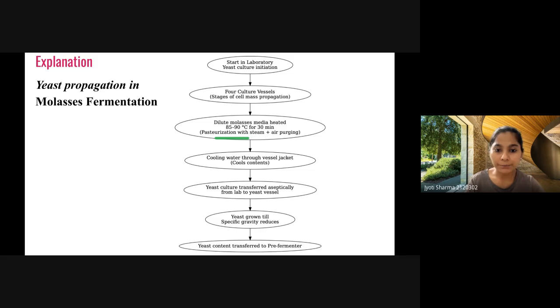So after this pasteurization, we have to cool it down because we are boiling it, kind of. Then we have to transfer this yeast culture to the yeast vessel. Then this yeast will grow till specific gravity reduces. This is an important step. Yeast will grow till specific gravity reduces, and then we will have the next step. So just see here.